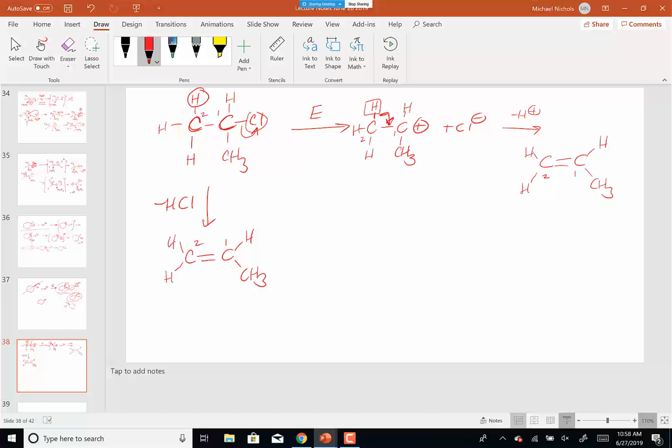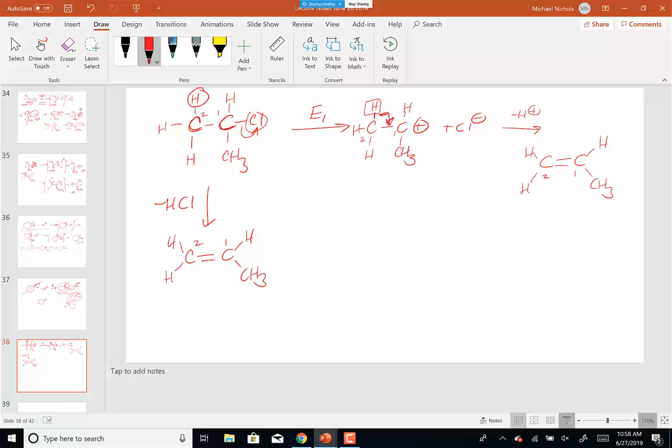If I think about the mechanism, whether it's a 1 or a 2 mechanism, let me take a step back here and think a little bit about the steps. So I had the same first step as an SN1. And if I do that, then I'm going to call this an E1 mechanism.